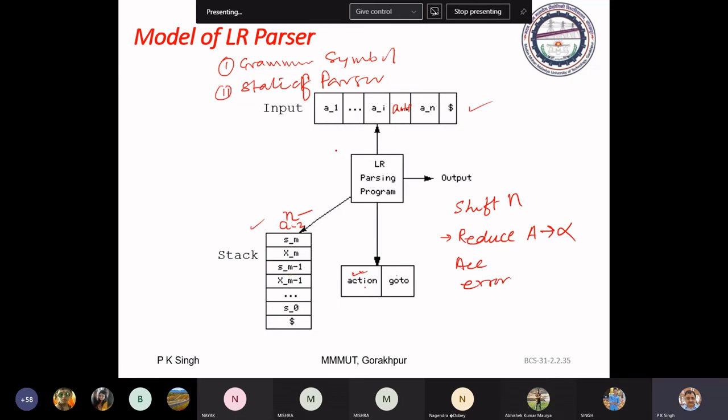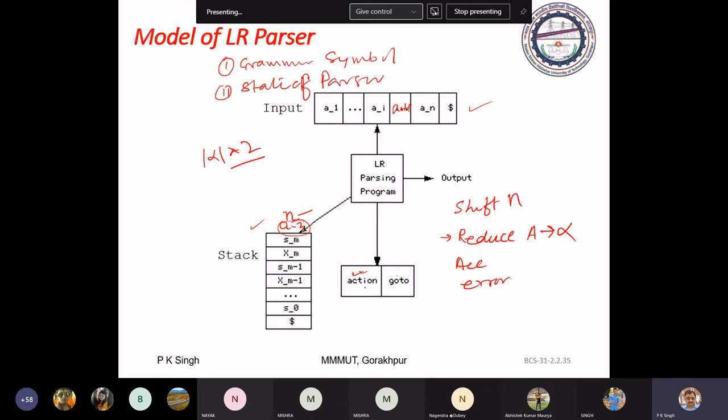So what we have to do, we have to pop out mod alpha into two symbols of the stack. Why mod alpha into two symbols? Because the content of the stack is grammar symbols, and each grammar symbol is associated with a state.